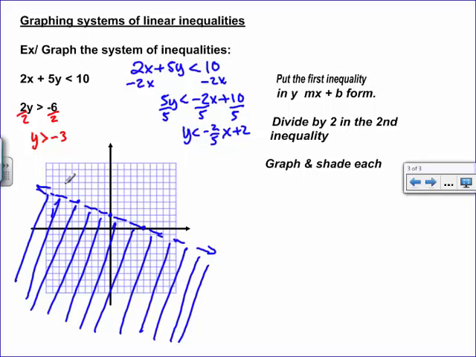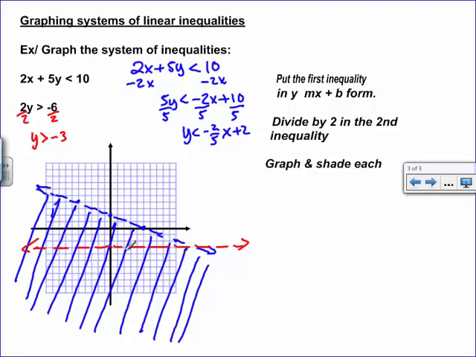And the other inequality, y is greater than -3, you simply go down to -3. If it was y equals -3, we draw a horizontal line, and we will draw a horizontal line here. But because it is not or equals to, we will make a dashed line. Okay, at this point you have to decide whether to shade above or below the line.